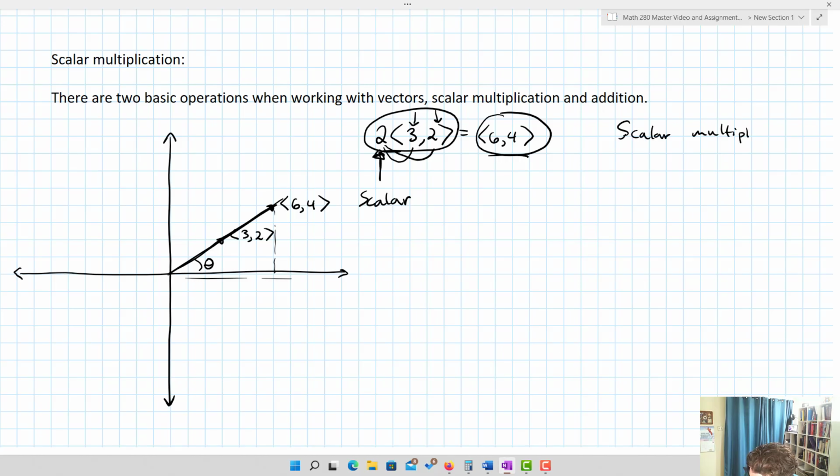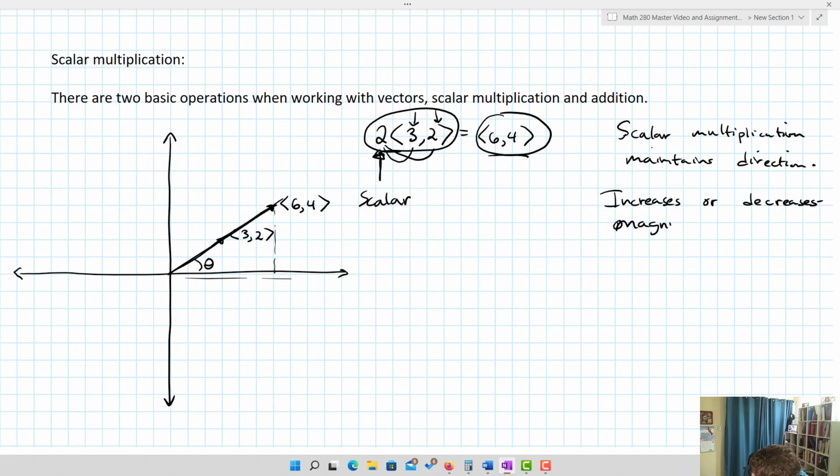It maintains direction, and what it does is scale distance or length. It increases or decreases magnitude. Let's take a look at by how much. You might wonder how much, and you certainly hope it doubles it.